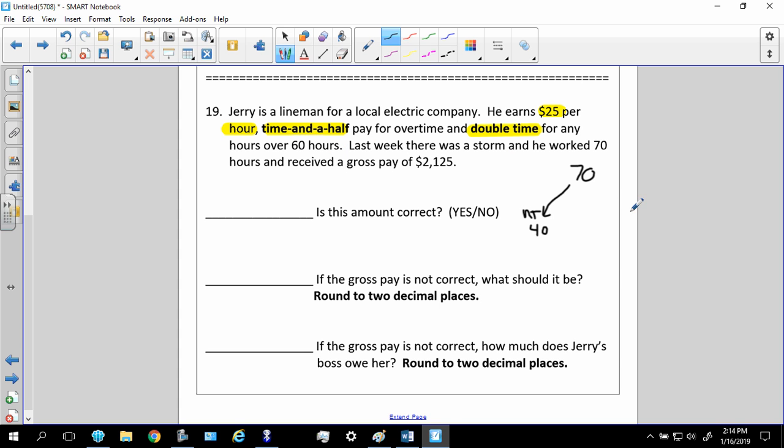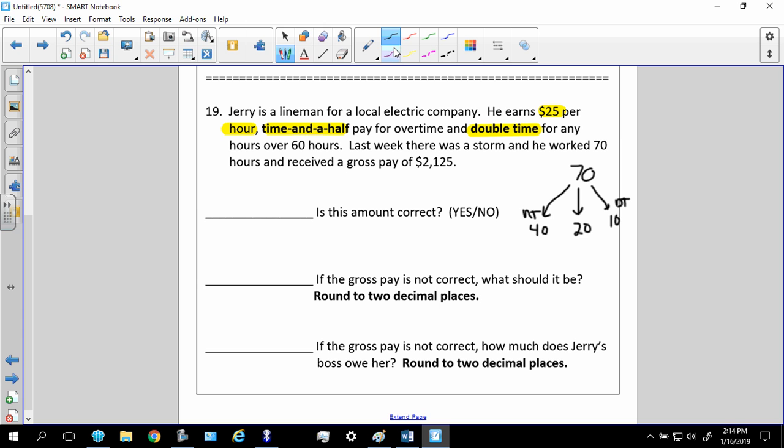He works 70, so that means over 60 hours would be 10. So this right here would be DT, double time, which means the overtime would have to be 20. And remember, 40, 20, 10 always goes back to 70. Keep that in mind.